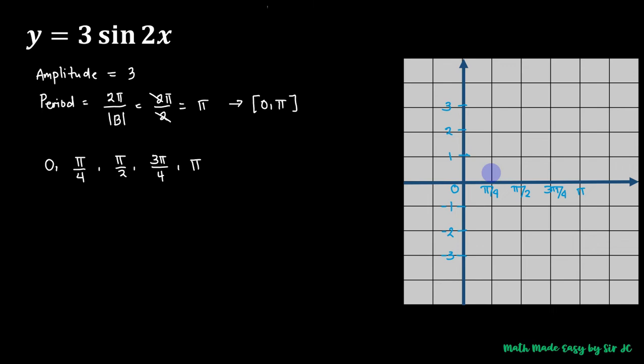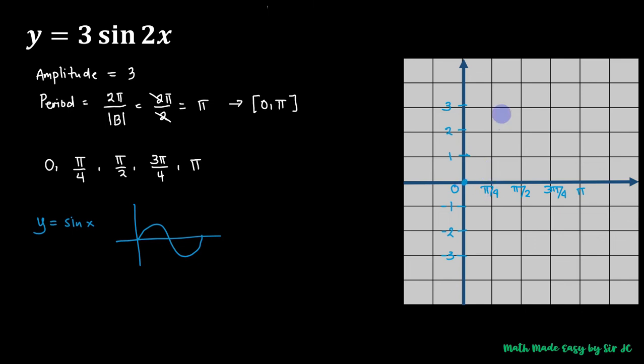Okay, so to graph this, we do not need to have a table of values. We just have to follow the form of the graph of the sine function or the parent function, which is y equals sine x. And we know that the graph of y equals sine x follows this form. So we have to follow this form to sketch the graph of y equals 3 sine 2x. And that is, from the origin, we have a point.